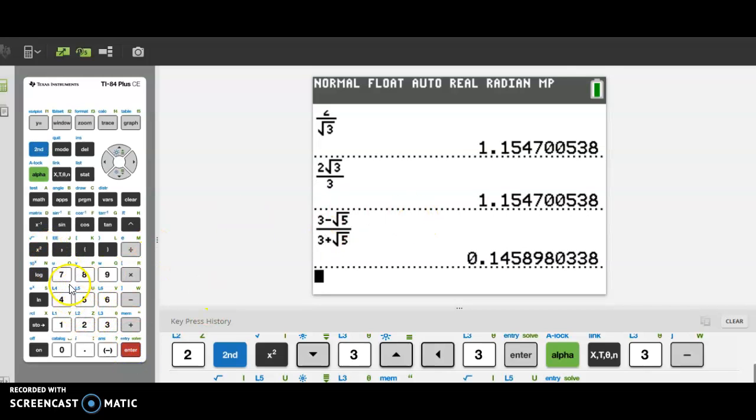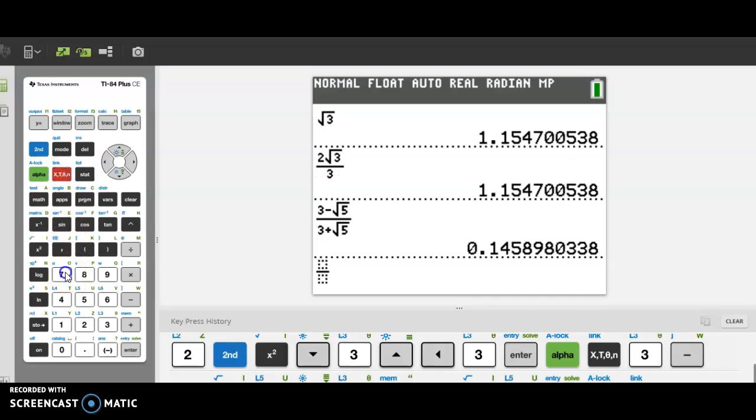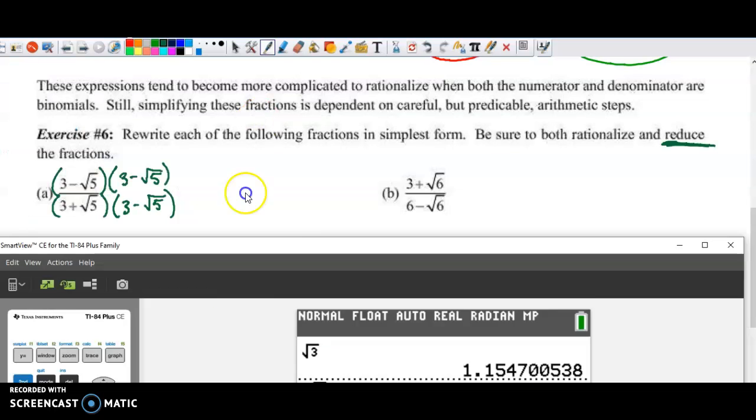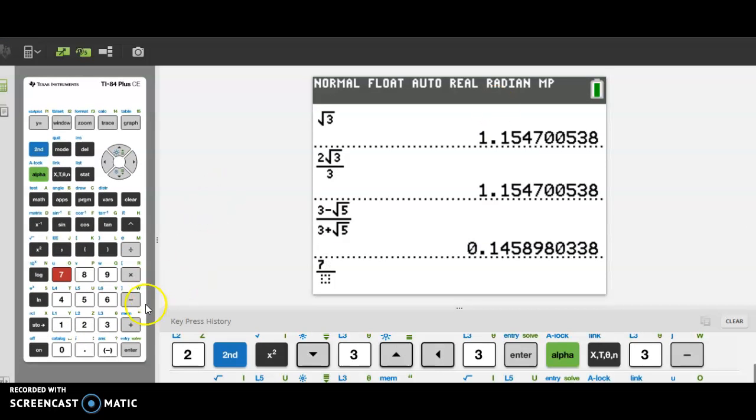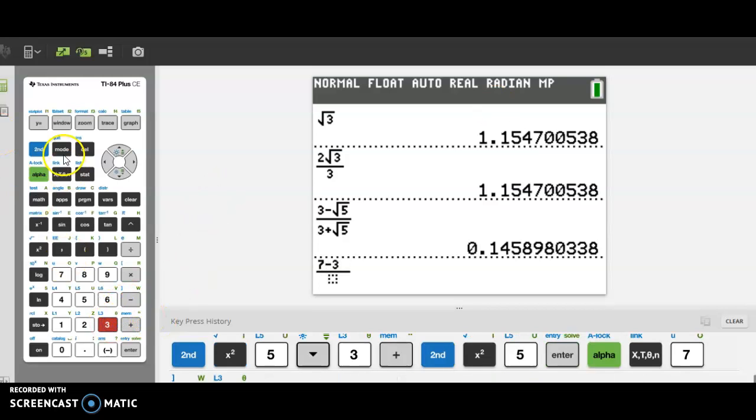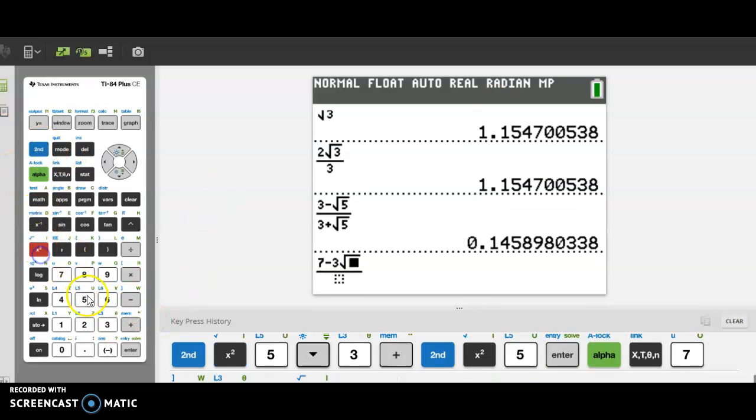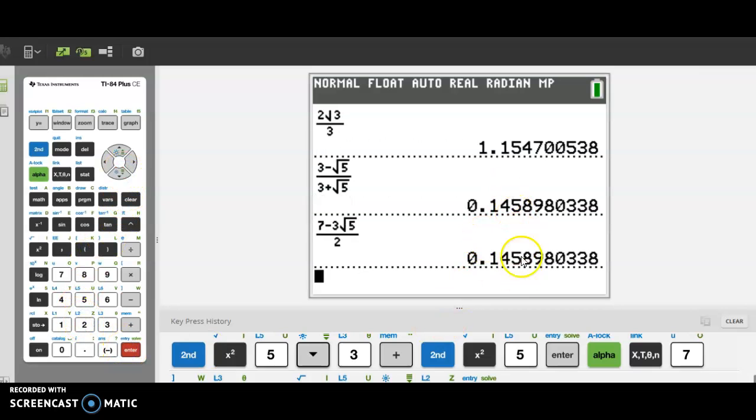Alright, and then I said the answer was going to be 7 minus 3 root 5 all over 2. Look at that. I did it perfectly. And we know because we got the same decimal.